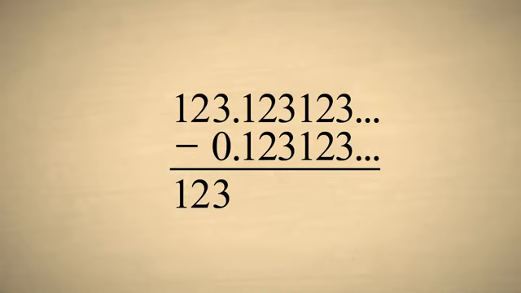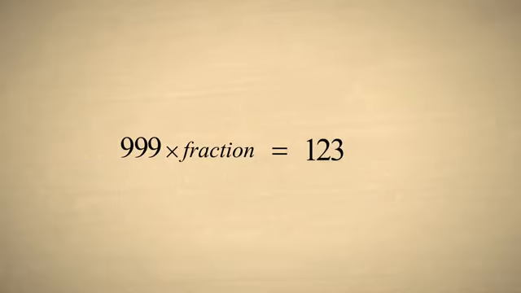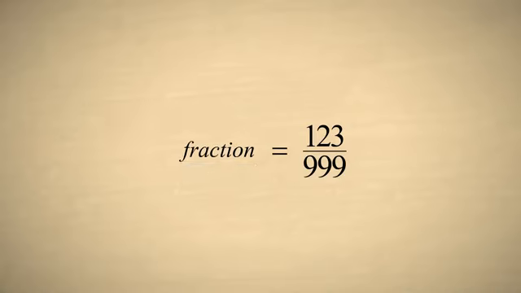Now we write this as an equation. 1,000 times the fraction minus the fraction equals 123. 1,000 times the fraction minus the fraction is the same as 999 times the fraction. And dividing both sides of the equation by 999 cancels out the 999 on the left. So our fraction is equal to 123/999.